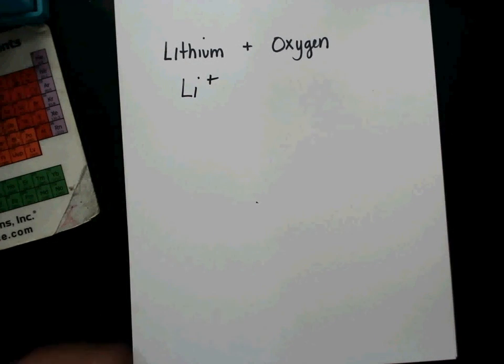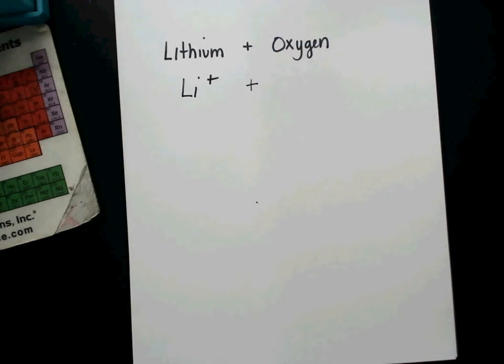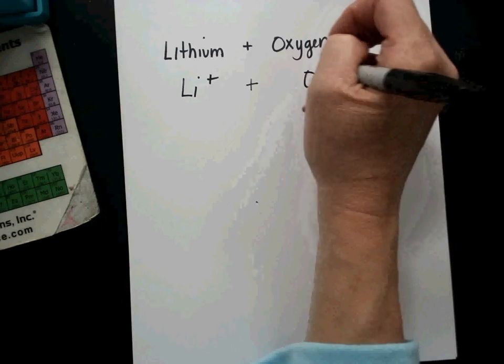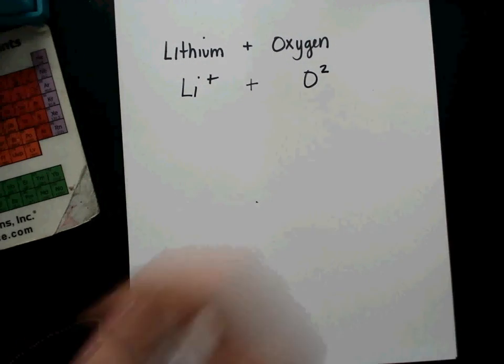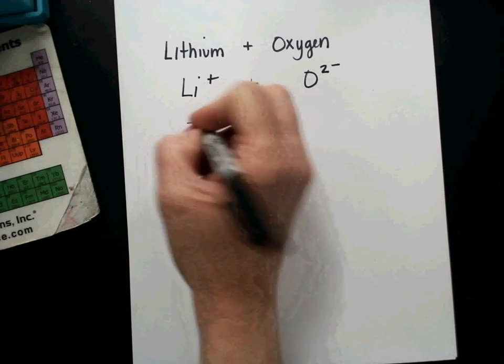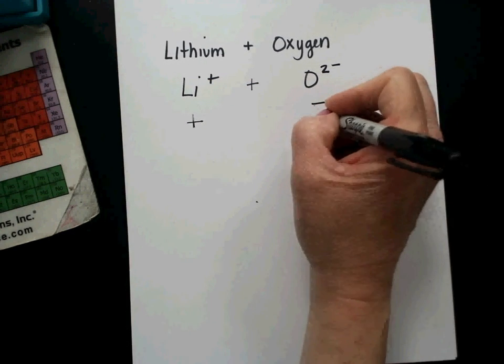So I'm going to write it like this. Li plus. When I go to oxygen, where is it? Group 16, or group 6, either one is correct. And then what is the charge on oxygen since it's in group 16? Good. 2 negative.